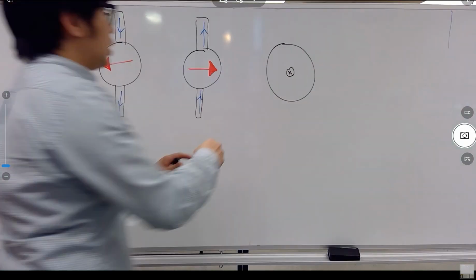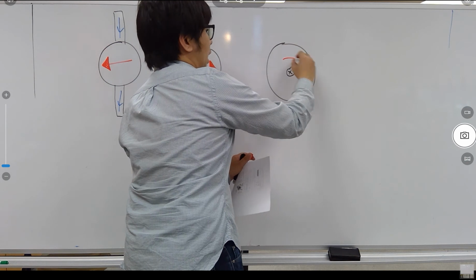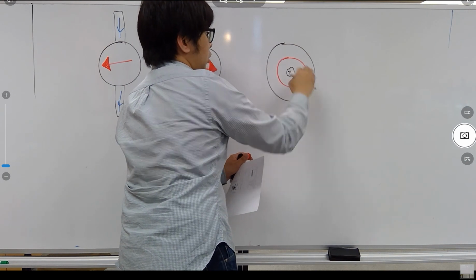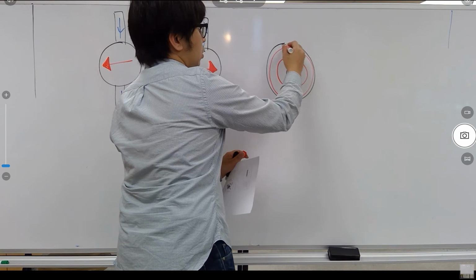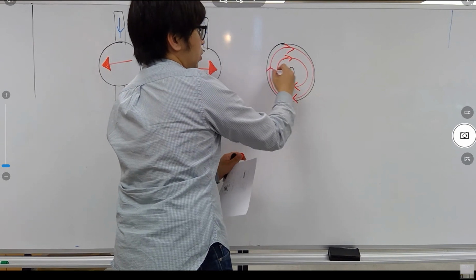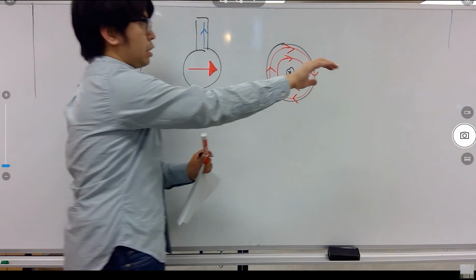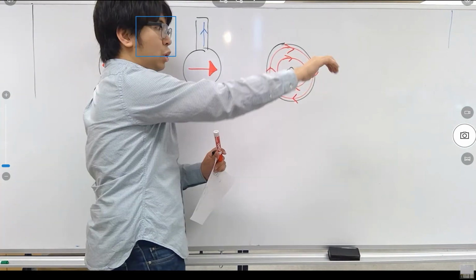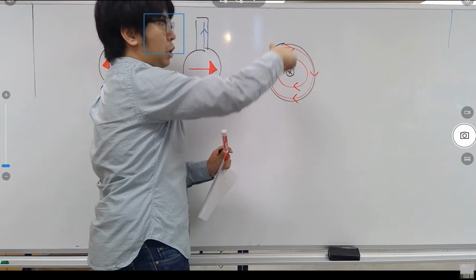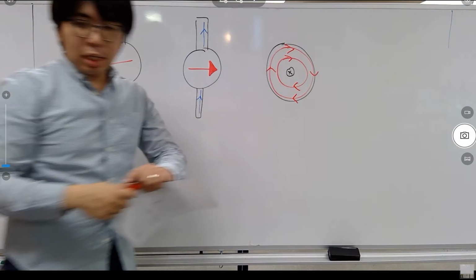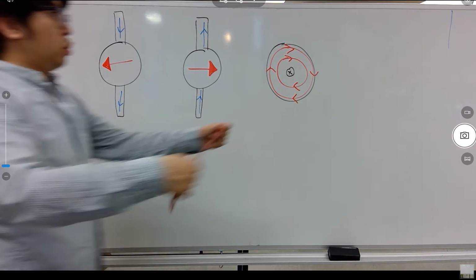The current is going into the page, so the magnetic field around this should be going in this direction, which is usually what we call clockwise. Look at my thumb going into the page, that's the current, and look at my magnetic field going around the wire. This is a situation where the wire is directly pointing toward you.